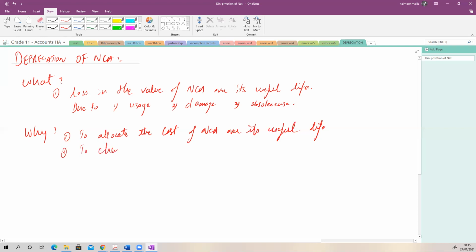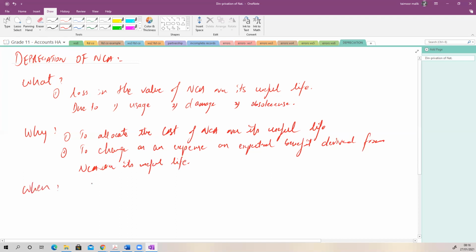Number two, to charge as an expense an expected benefit derived from non-current asset. Charge as an expense an expected benefit derived from non-current asset over its useful life. ठीक है.